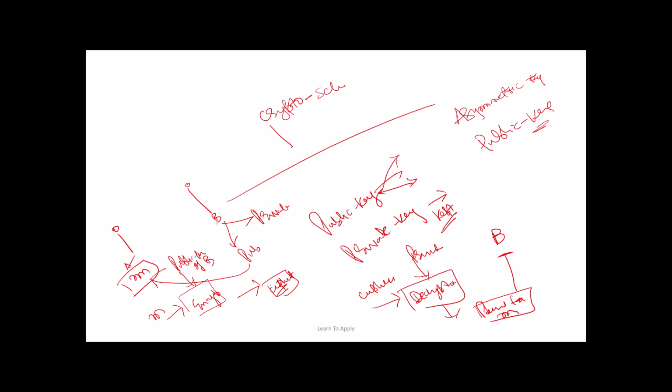This has revolutionized the way we communicate over the internet, and this is the scheme we mostly use to share the key first, then we can use symmetric key for the rest of the stuff.